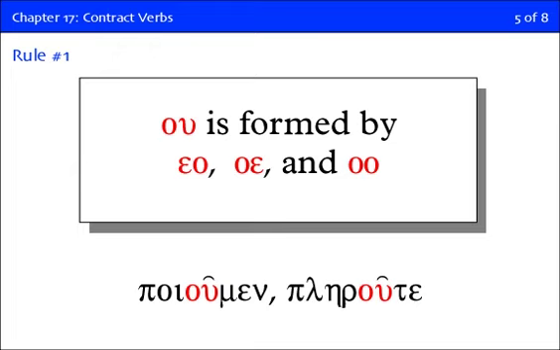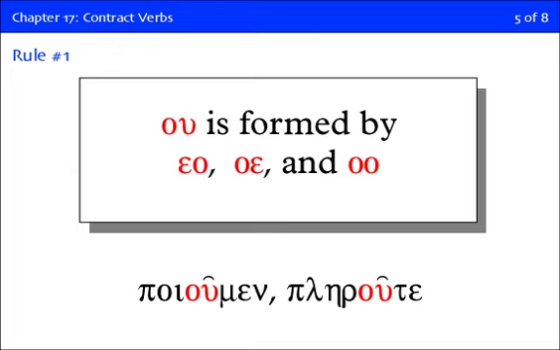In fact, there's no present indicative of any omicron contract that occurs more than 50 times in the New Testament. That's why there are no omicron contract examples in the exercises, because there aren't any in the Bible with words that occur 50 times or more. But in pecking order, in frequency order, it's epsilon, then alpha, then omicron.